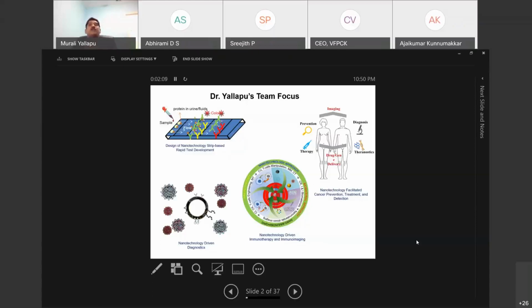Apart from that, our group is also involved in developing strip-based rapid test developments for cancer and also for COVID recently. And we have also discovered many other nanotechnology-driven immunotherapy as well as imaging and diagnostic modalities.